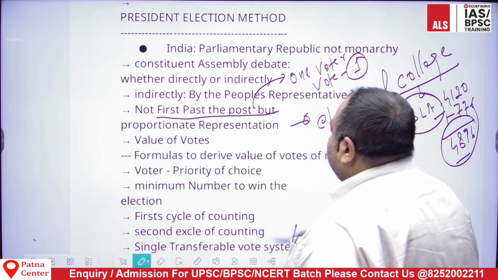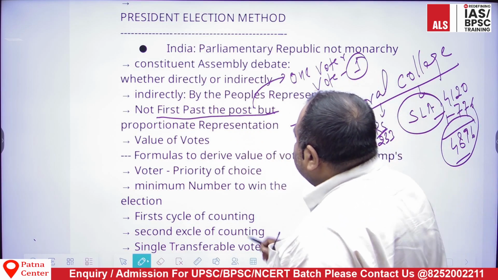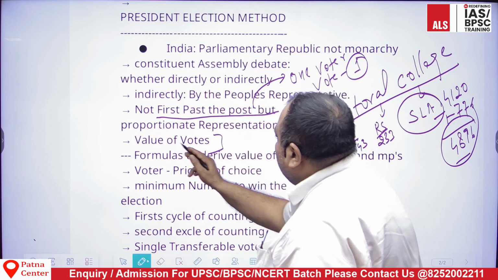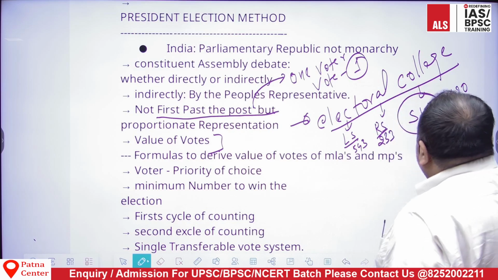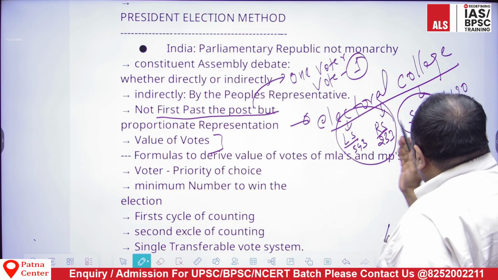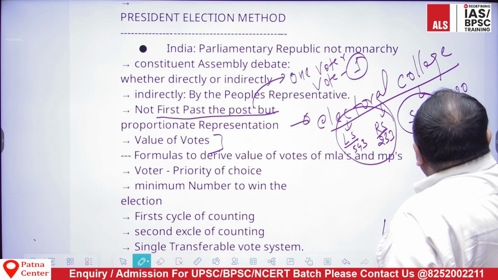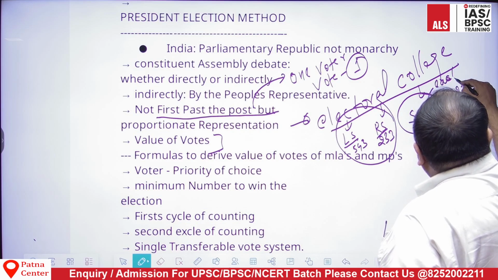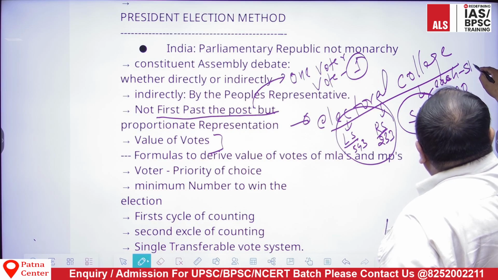But in the proportionate representation system, there is a formula to derive the value of votes. The value of votes for members of Parliament will be separate, and the value of votes for each state will be different.